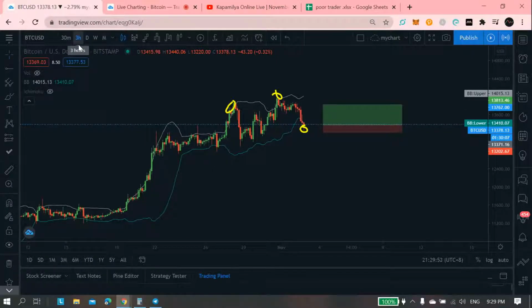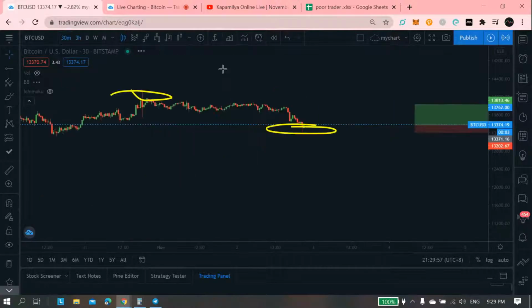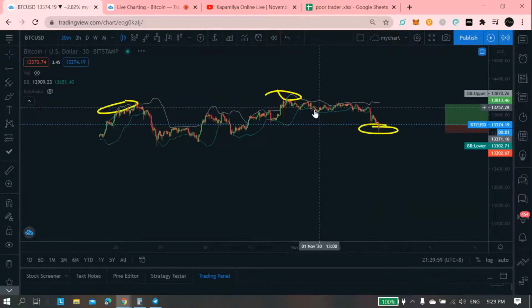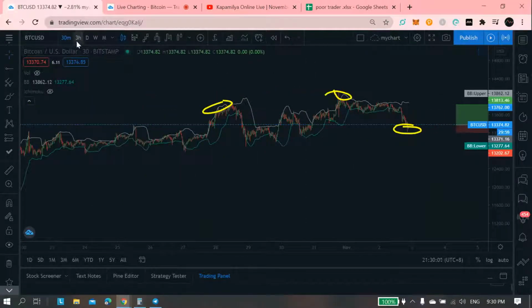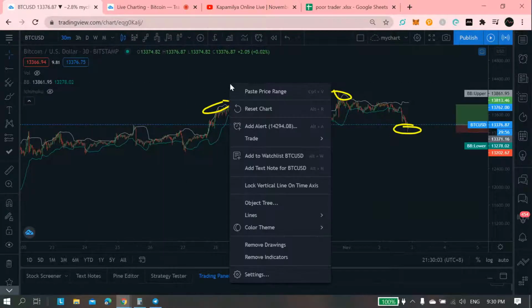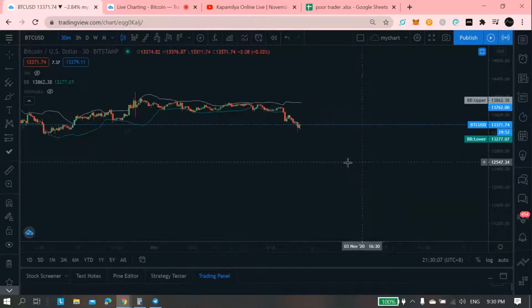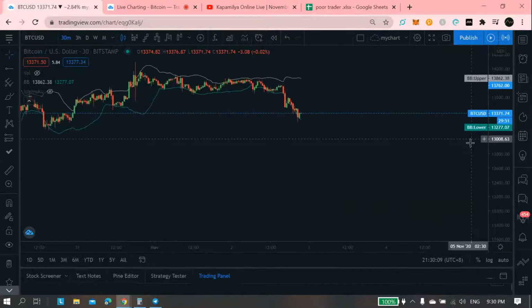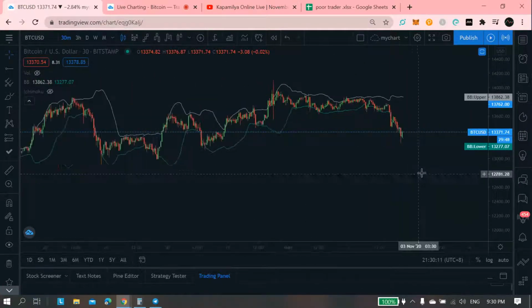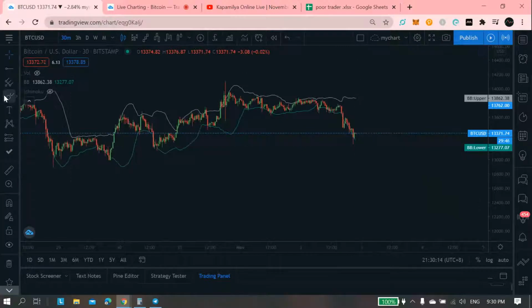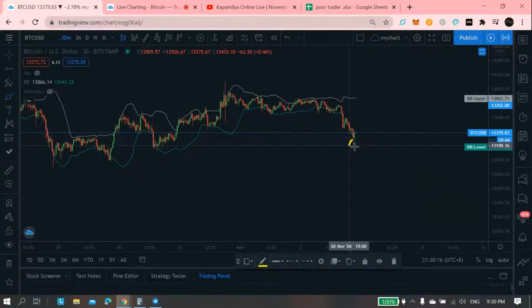So for the 30 minutes time frame, I normally just use this one, 3 hours and 30 minutes when I'm scalping. So currently, this is the area, should be the area of going long.